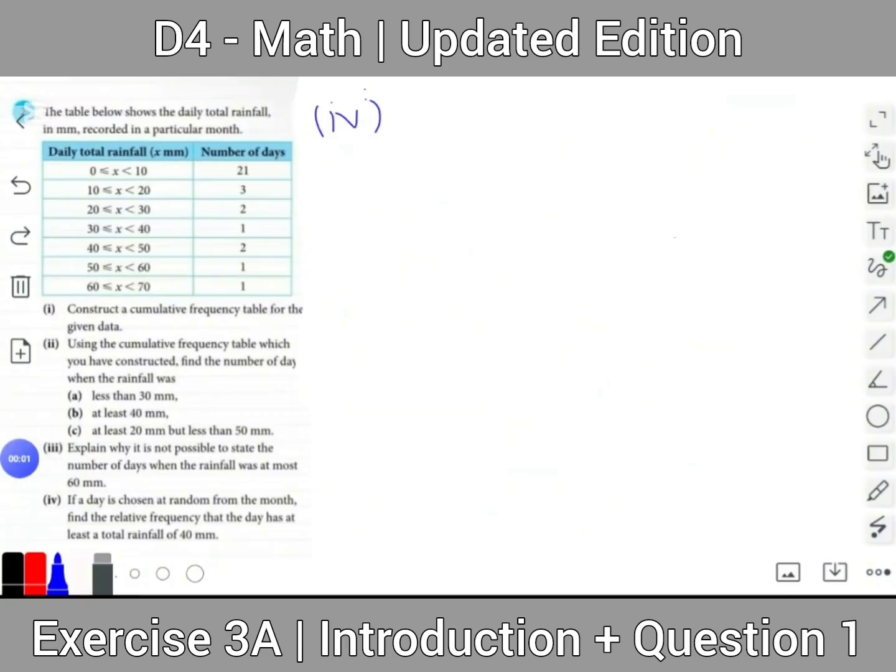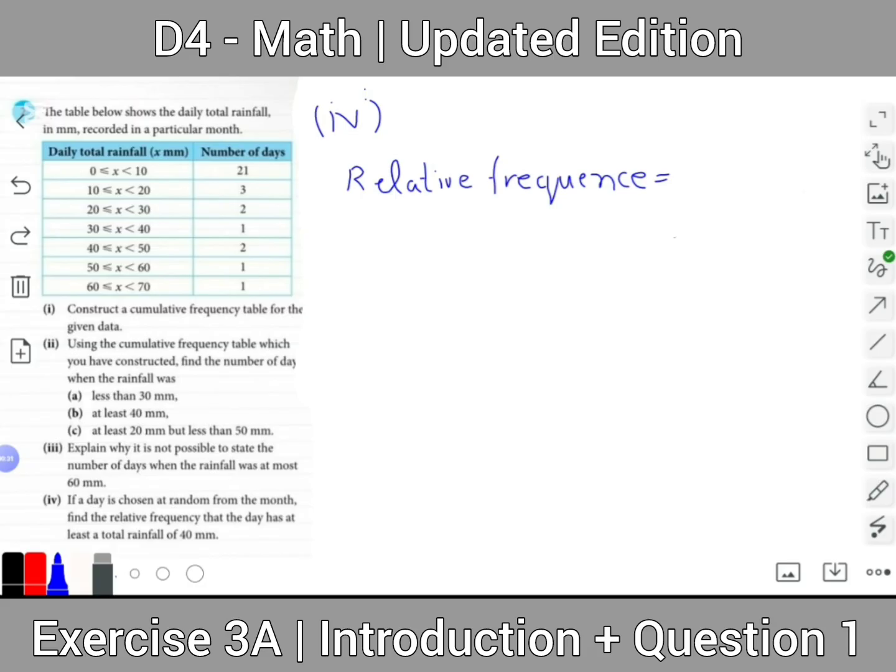Now in the part 4, if a day is chosen at random from the month, find the relative frequency that the day has at least a total rainfall of 40 millimeter. So for the relative frequency, we have the formula number of occurrences divided by total number of trials.